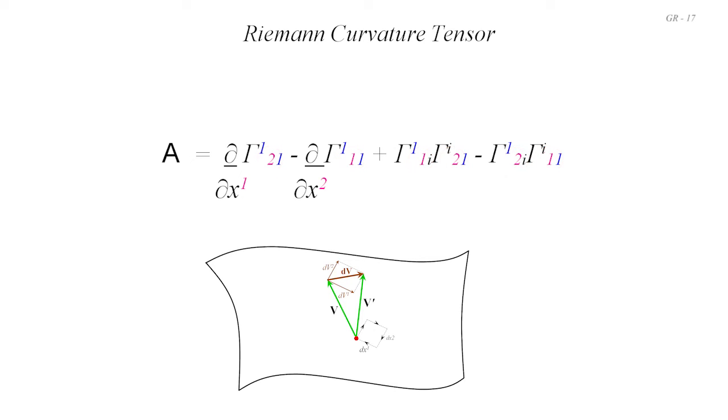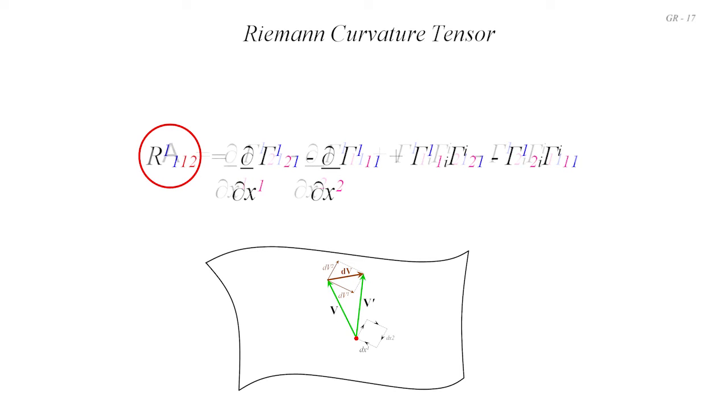We could therefore reorder the lower numbers and rewrite the coefficients a as R1, 1, 1, 2 like this. One upper or contravariant index and one lower covariant index in blue, both of which came from the Christoffel symbols, and then 2 more lower indices in red which came from the 2-dimensional space under consideration, x1 and x2.